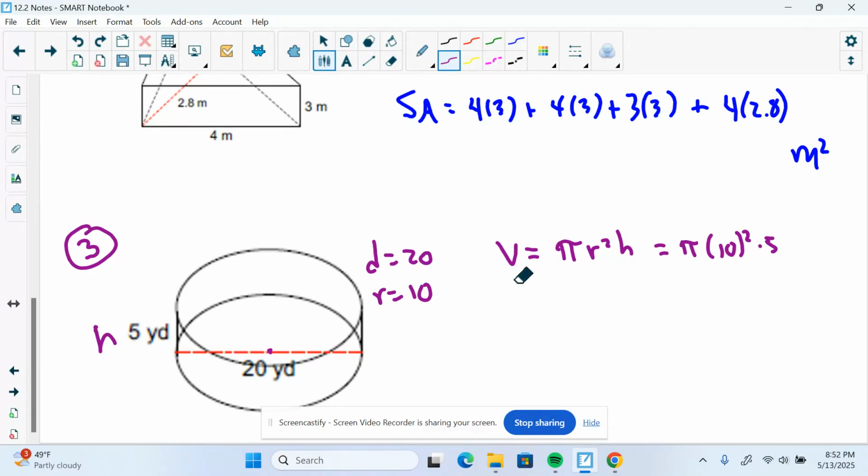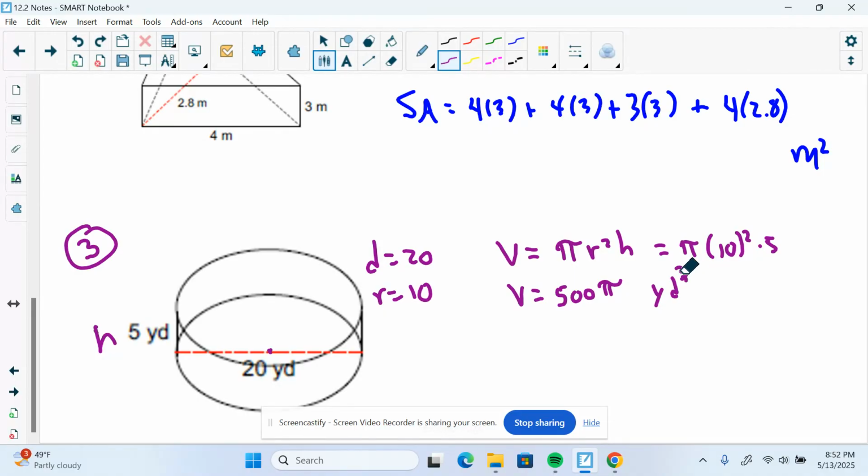And once again, we just grab our calculator. Oh, one thing I did want to talk about is some of the problems in the homework ask you to give an exact answer in terms of pi. If that's the case, you would just do the 10 squared, which is 100, times the 5, which is 500. 500 pi yards cubed would be the exact answer in terms of pi.